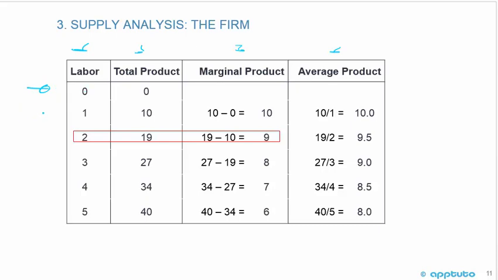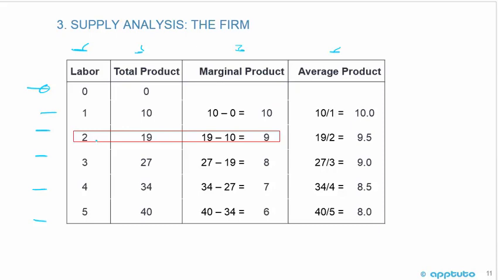But we increase the labor from 1 to 2 to 3 to 4 to 5 units, and you can see the total product is going to increase from 10 to 19 to 27 to 34 to 40. So the marginal product is 10 minus 0, because 10 units were added for 1 unit of labor, and the previous level was 0. So 10 minus 0 equals 10.